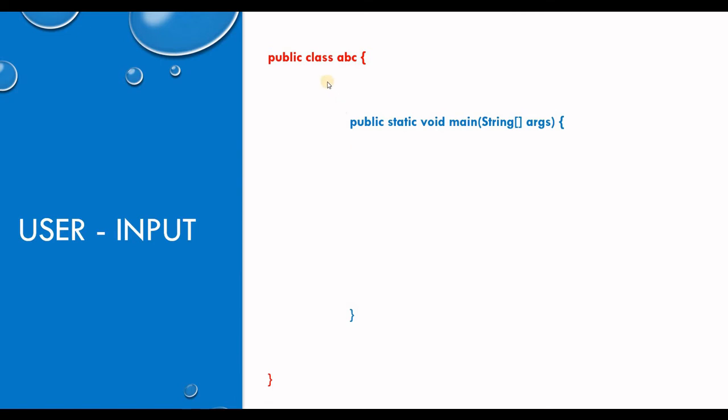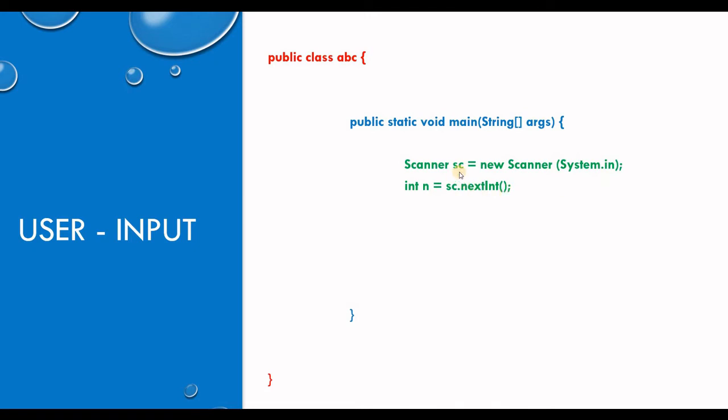We have the same code over here, public class and the void main method. And inside it, we are required to write this code. Scanner SC equals to new scanner system.in. Currently, you need to learn this line, but we will be dealing with the meaning of this code later on when we will be doing the objects and classes part in the course.